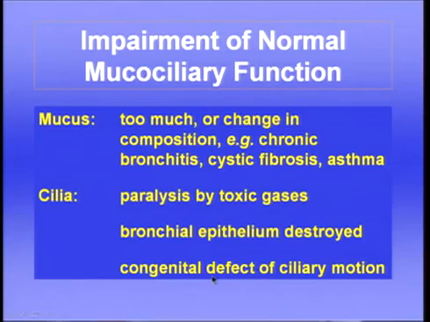It will always come back, but for that period the patient has a hard time getting rid of the secretions. And I've already mentioned the congenital defect of ciliary motion, ciliary dyskinesia. It's not a common condition, but it's one where the cilia just don't work because the structure of the cilia is abnormal. Okay, so that's the mucociliary escalator.